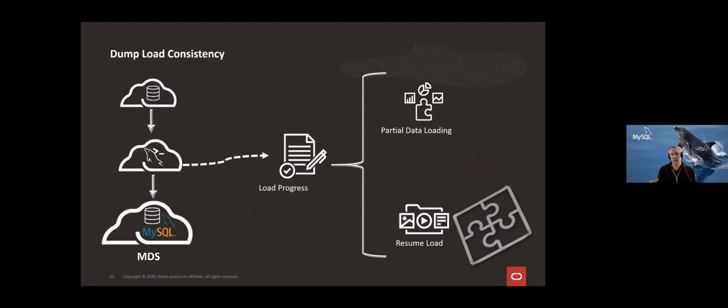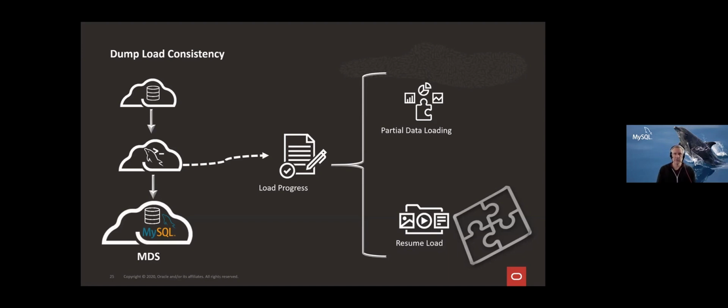And so if for whatever reason your load was to not succeed, maybe for some reason the compute node has a problem and then it's turned off or something, then we keep track of what was loaded. So the next time you run your load dump, it's going to recognize that it actually ran the load before and it stopped maybe at 50%.